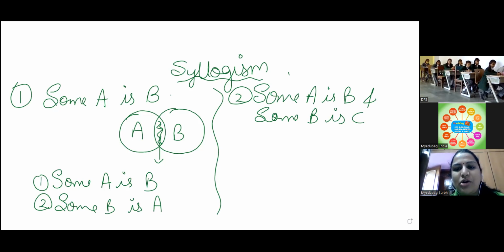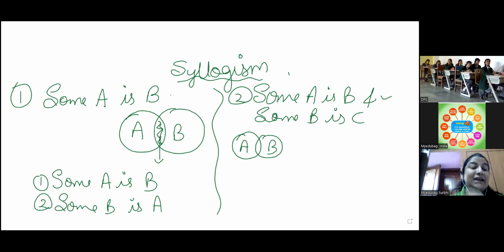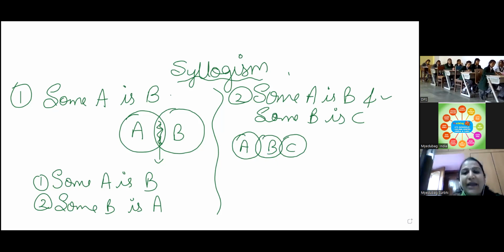So how am I going to draw? I'll draw some part of A is in B. This is the very first statement, right? The second statement says some B are C, so they are telling you about B and C. So I'll draw some B is C. As no connection between A and C is given, I'm not going to draw it.